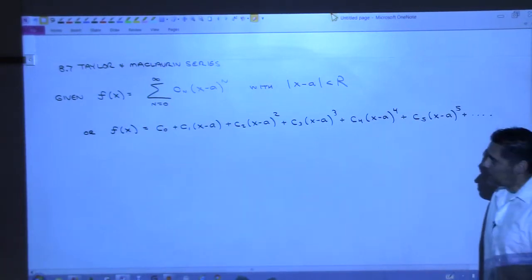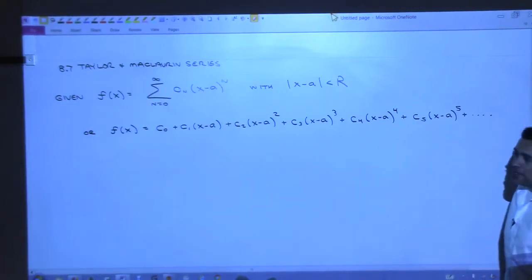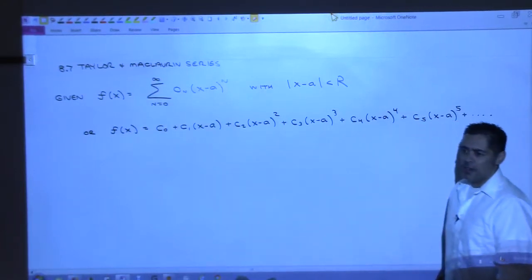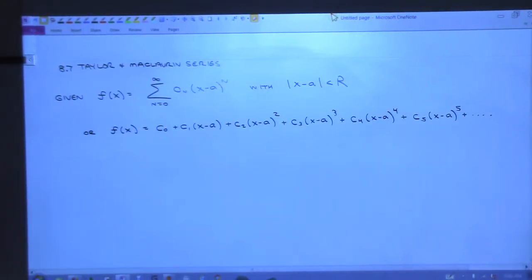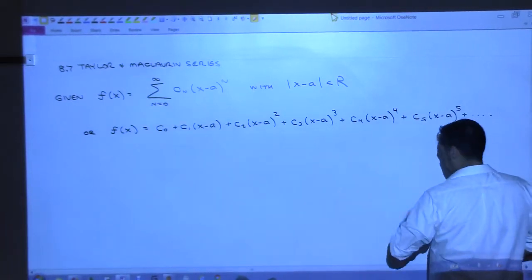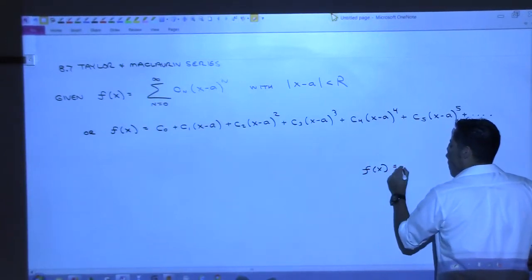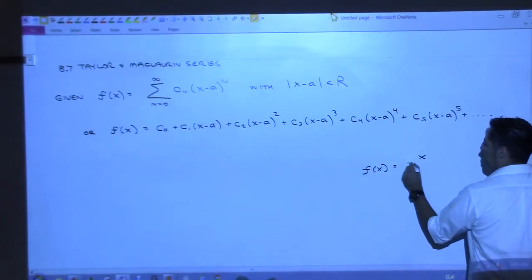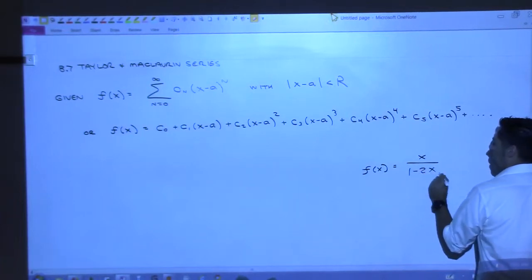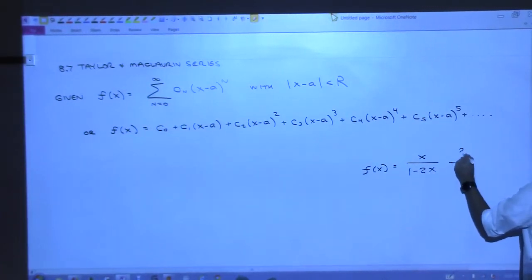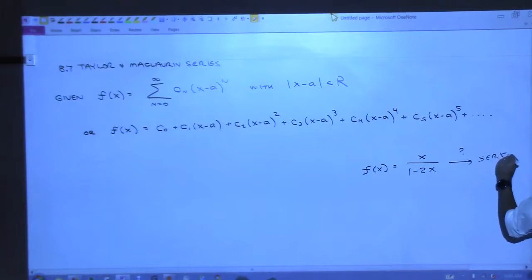Okay. This is probably my favorite section out of the whole book, I think. Taylor and Maclaurin Series. So last section, 8.6, what we did was we said, hey, if we have a function, and I gave you a couple of examples, the question was, can we convert it into a series, right?